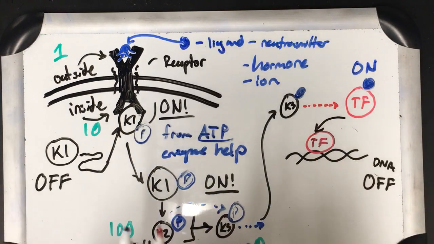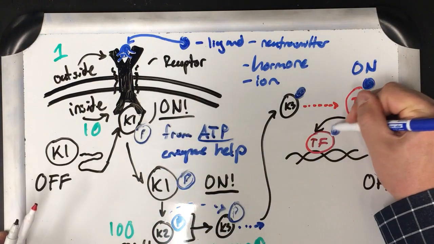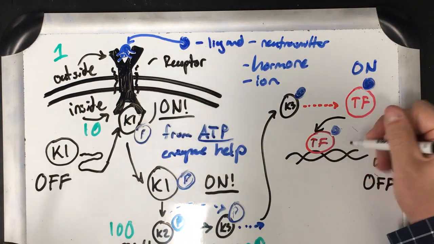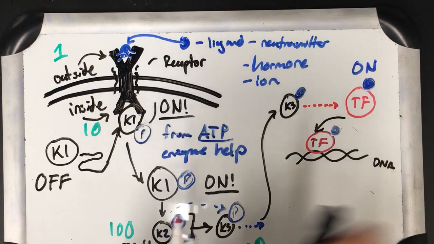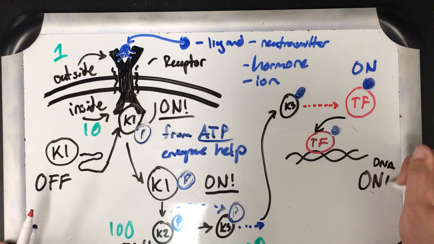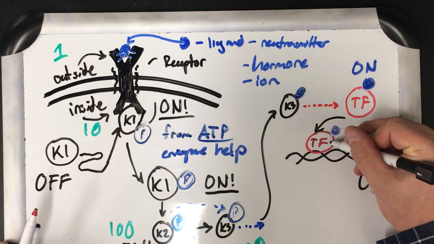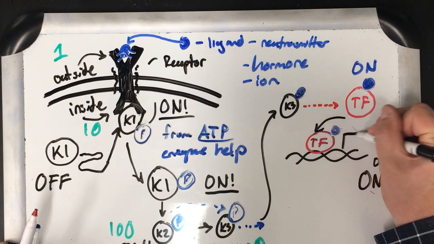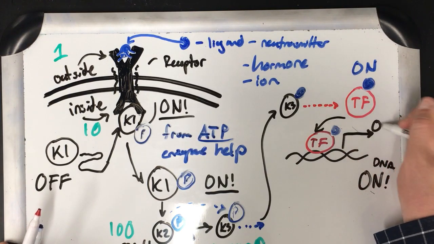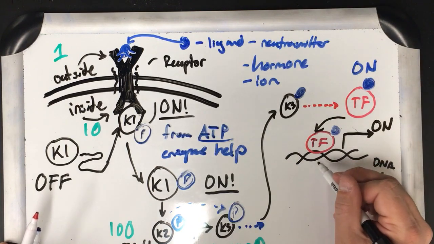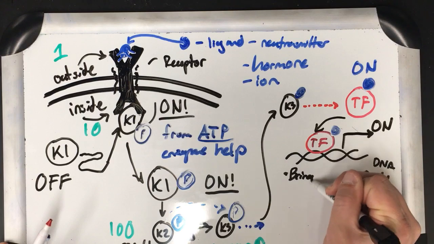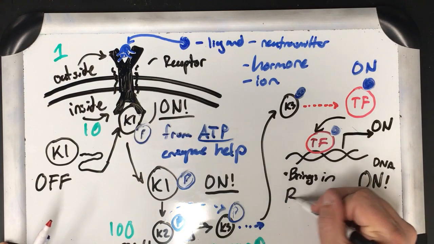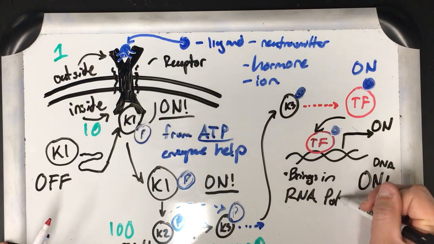Now it is binding the DNA, and the DNA is going to switch from off to on with the help of the transcription factor. And what this is doing is initiating transcription, and it brings in that RNA polymerase.